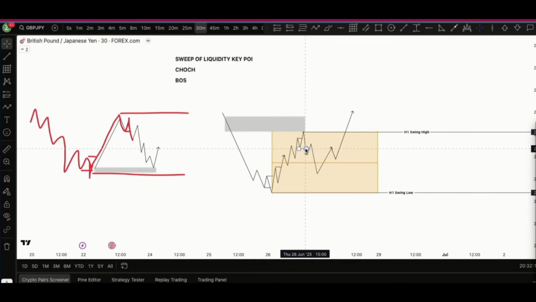But please note that the change of character that happens to confirm our swing high here is not telling us that the whole trend has changed direction. No, this change of character is only to tell us that our trading range has been confirmed. So now we are going to stick to taking trades within this range and nothing else.